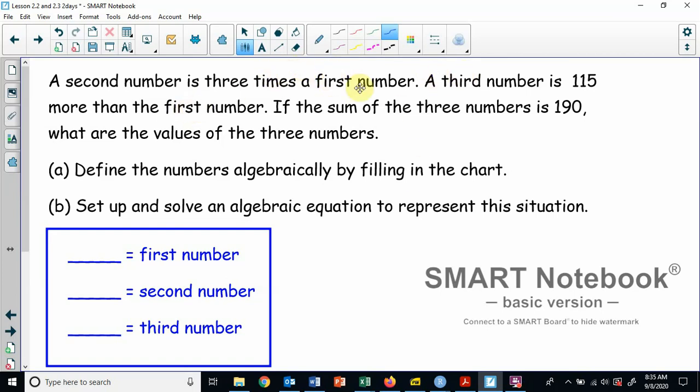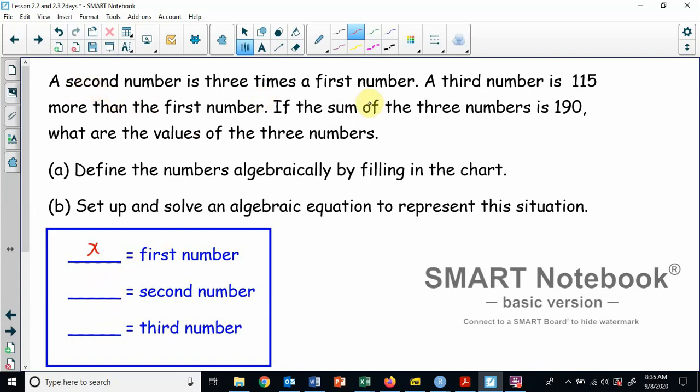The second number is 3 times the first. It's based off the first. That's actually what we're going to define and let be our x. We're going to let the first number be our x. And then from knowing that it is x, we can build the other 2 numbers.